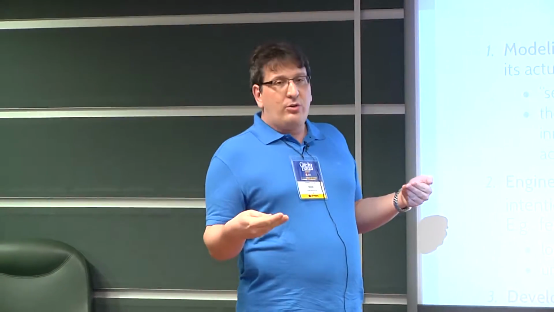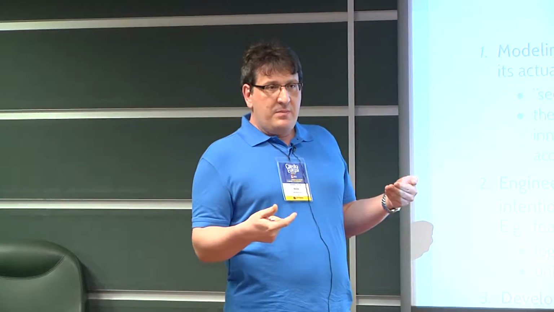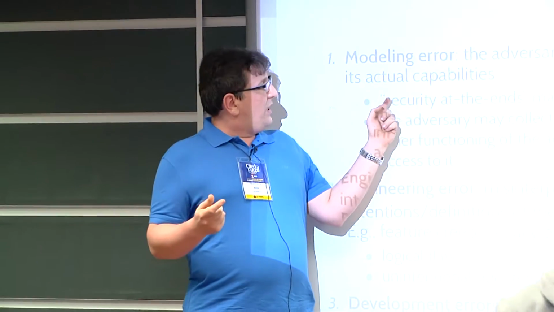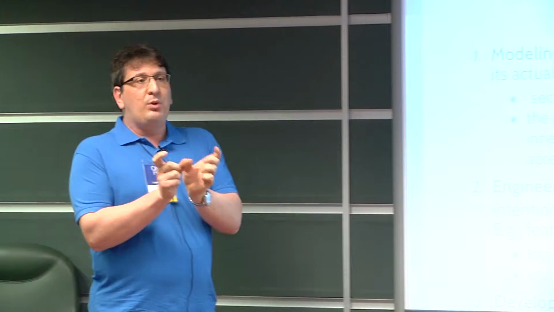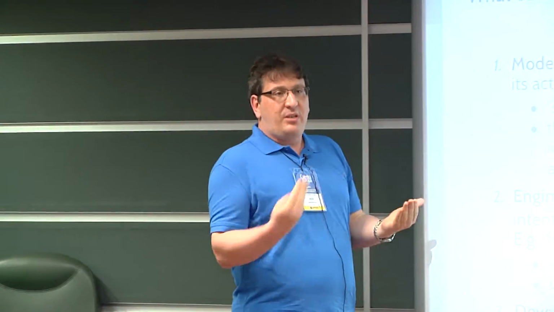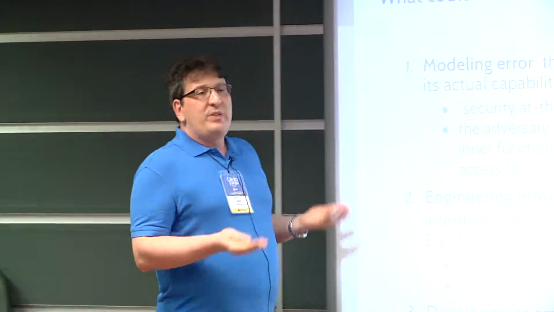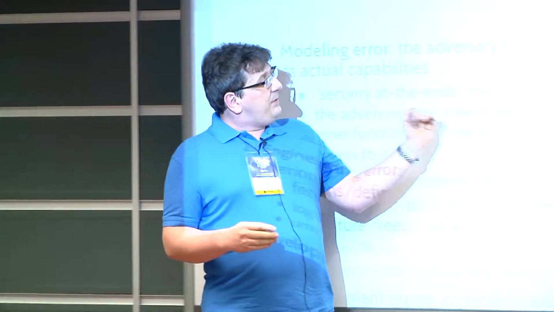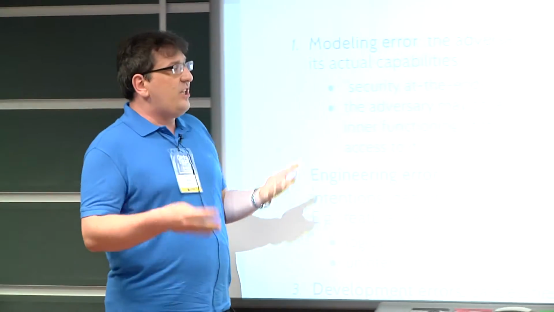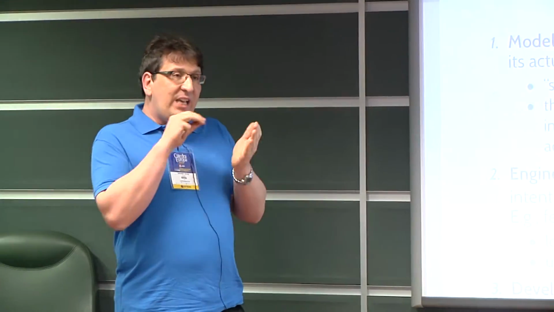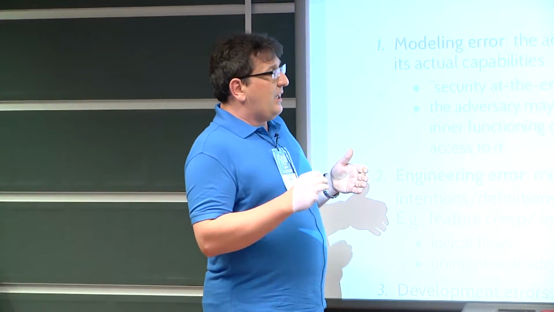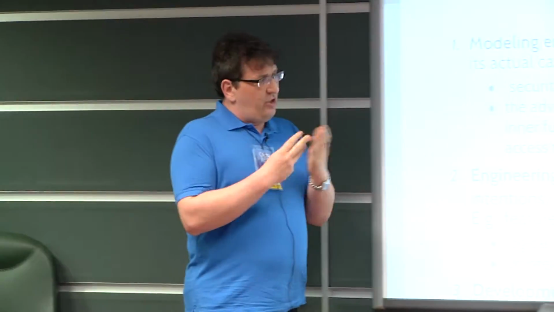What he doesn't know is the value of the secret key. But this notion is also called security at the ends, because the adversary is able to see the inputs and the outputs. It may not be sufficient, because the adversary may also collect additional information about the inner functioning of the device.